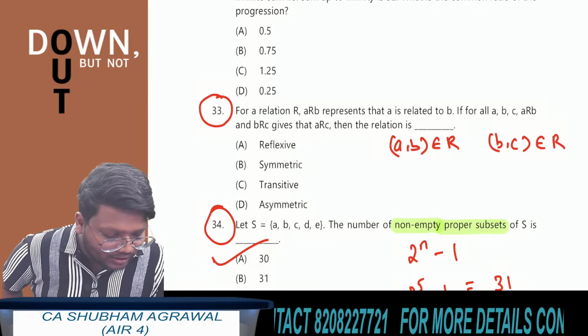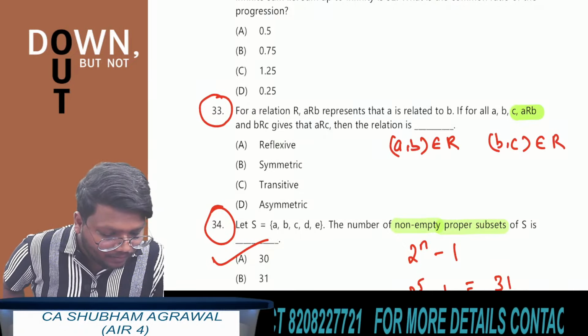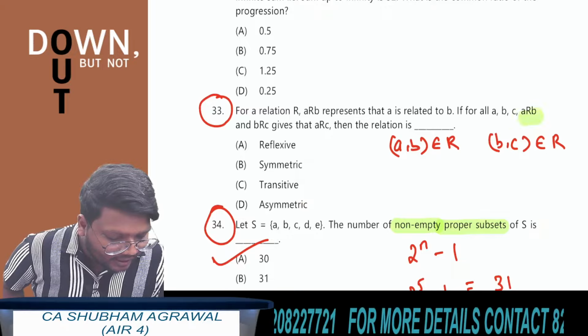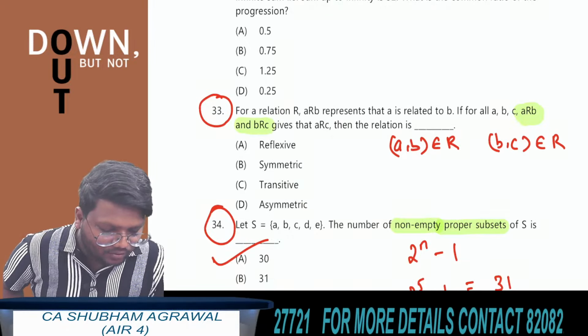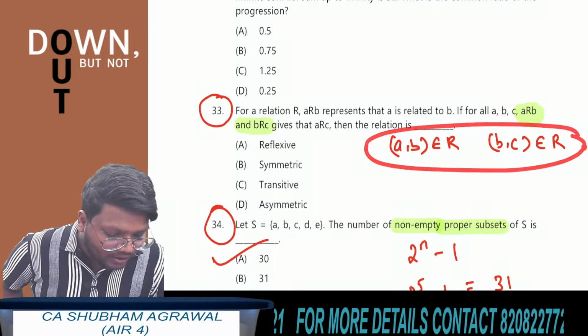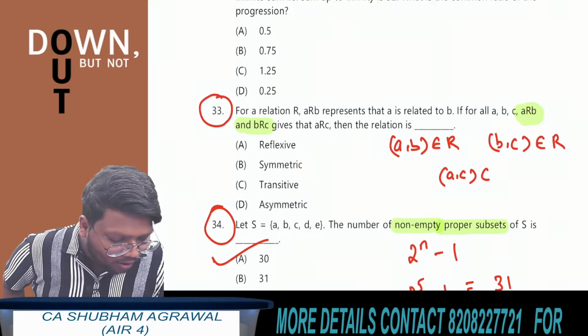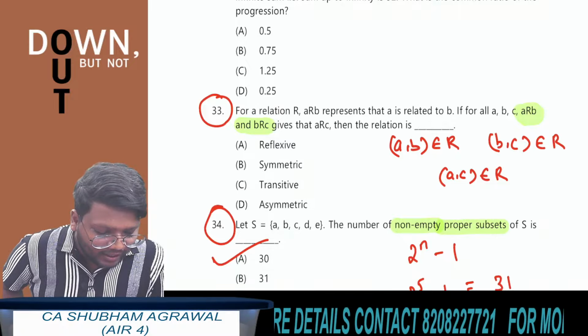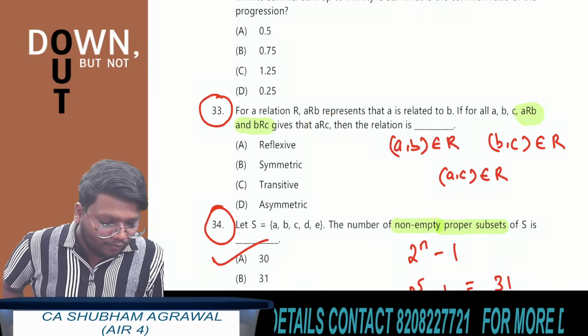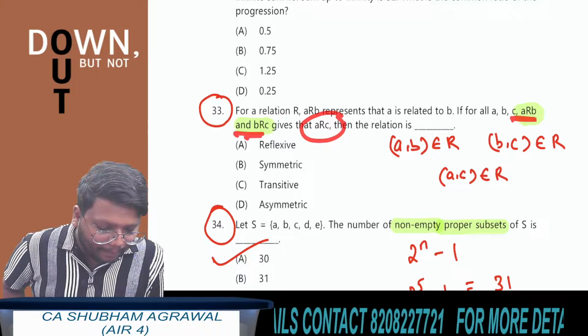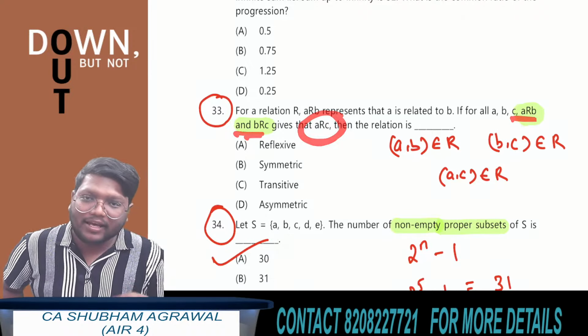It is given in the question that A is related to B and B is related to C. From these two things, we can conclude that A is also related to C.